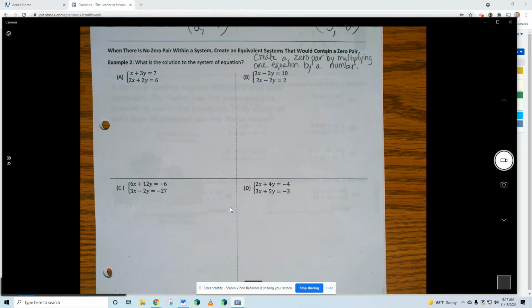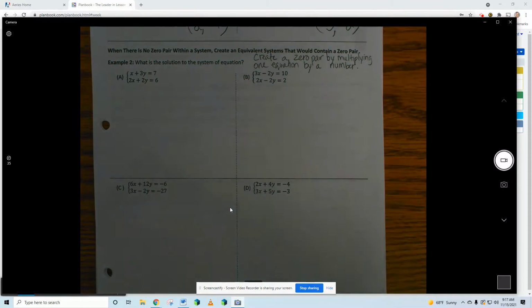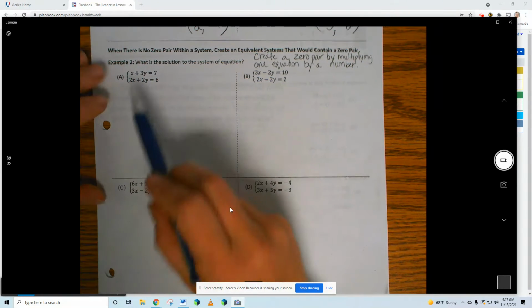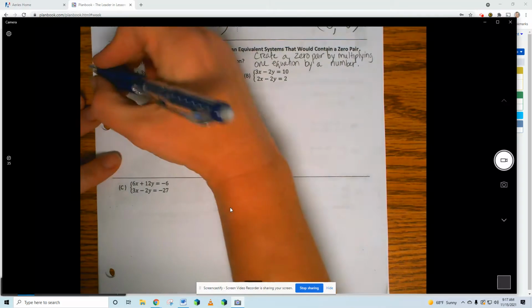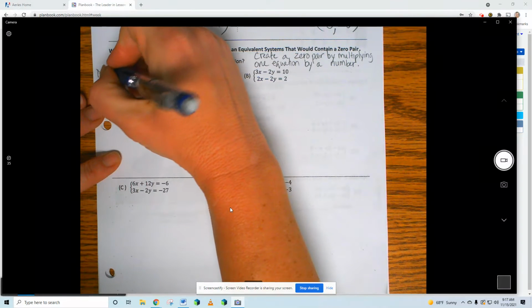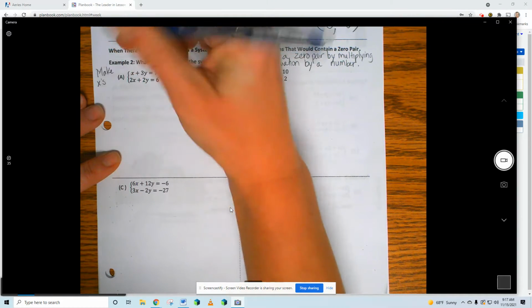So when you look at these problems, you think in your head, what should I start with? Should I make the x's the same, or should I make the y's the same? On part A, it is easier if I make the x's the same.